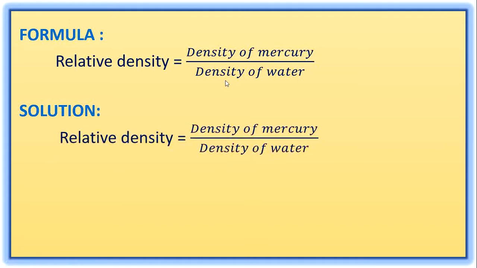Now, we can find out the solution. Relative density is equal to density of mercury by density of water. Density of mercury is 13,600 kilogram meter^-3, and water is 1000 kilogram meter^-3. Now, the units kilogram meter^-3 get cancelled, and the 0 in numerator and denominator get cancelled.